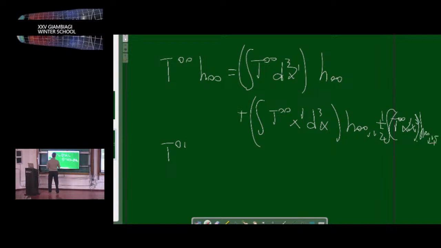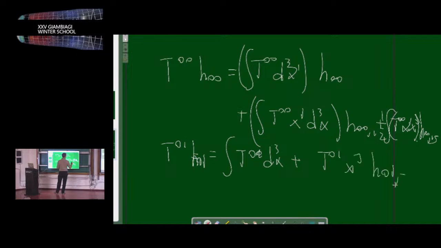And then I take a T0i and I expand it: T0i d3x, this is h0i, T0i d3x plus T0i xj, h0i comma j, and I integrate in d3x only this. Okay.